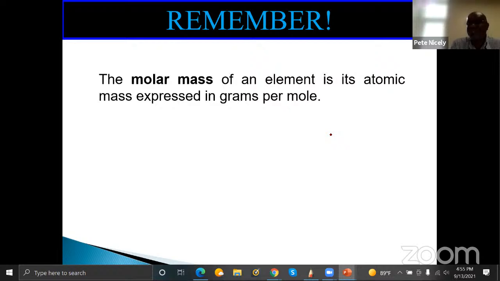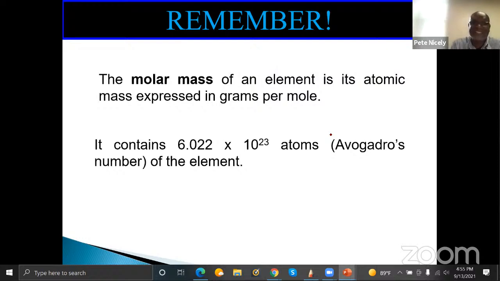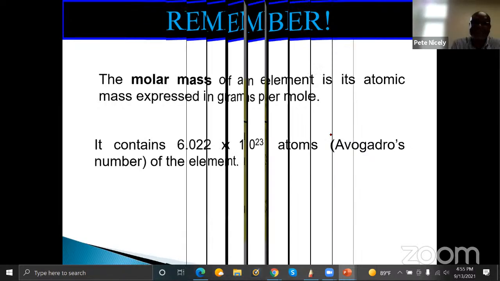Just to remind you, I said it a while ago, and I'm going to say it again. The molar mass of an element is its atomic mass expressed in grams per mole, and that molar mass per mole contains Avogadro's number of atoms of that particular element, all right?